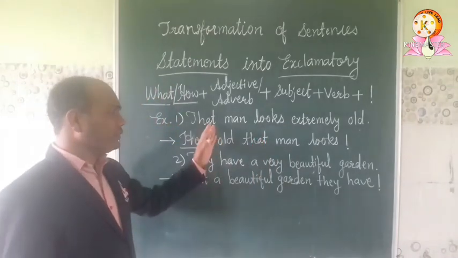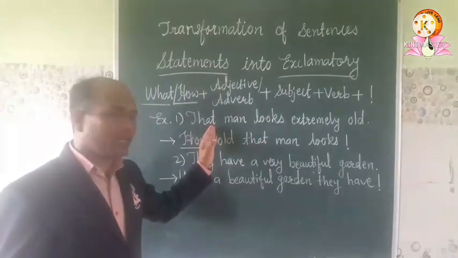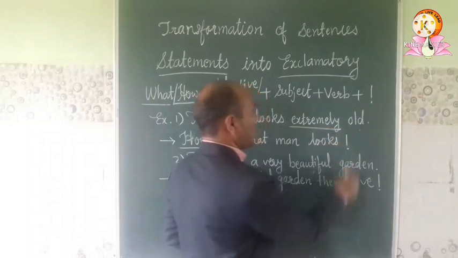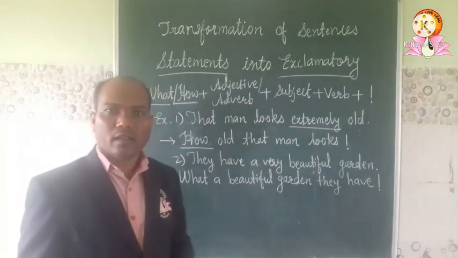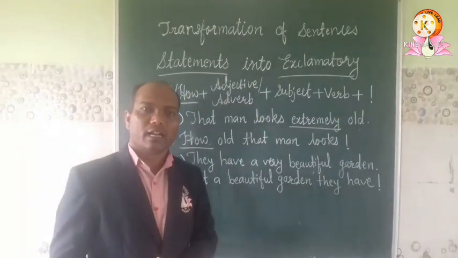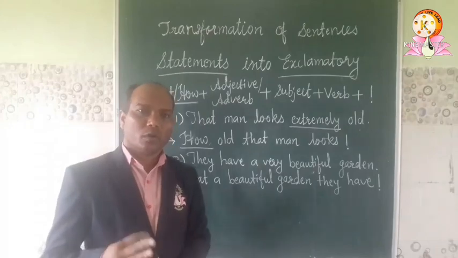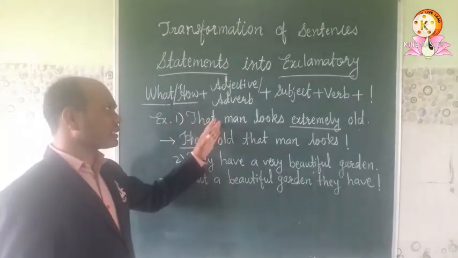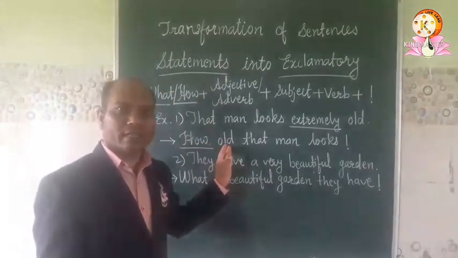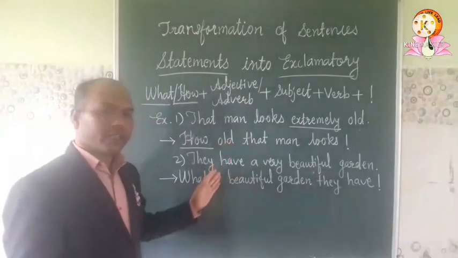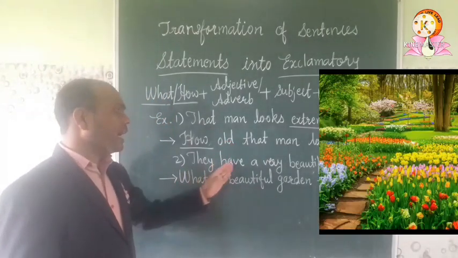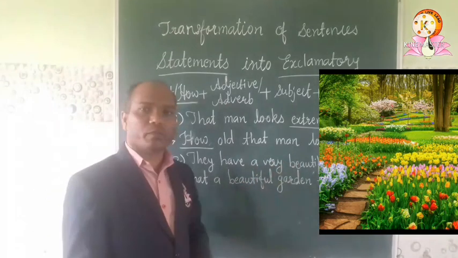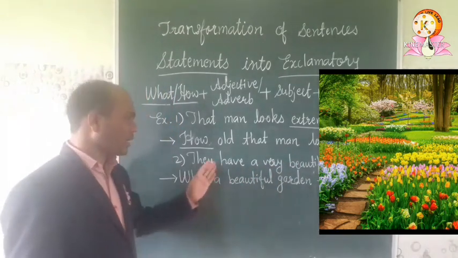Here, if in the given statement words like "extremely" or "very" are given, such adverbs we have to omit while changing that statement into an exclamatory sentence. Next example, they have a very beautiful garden.